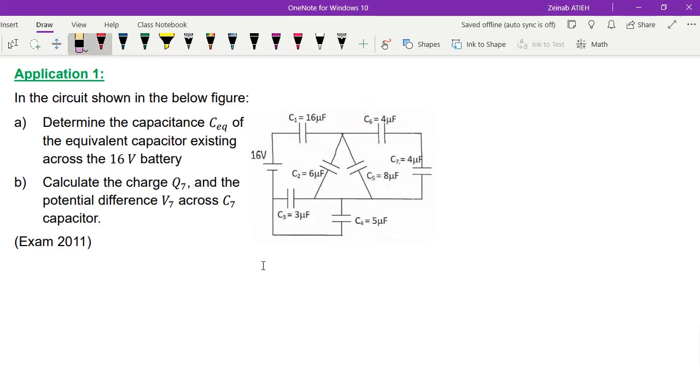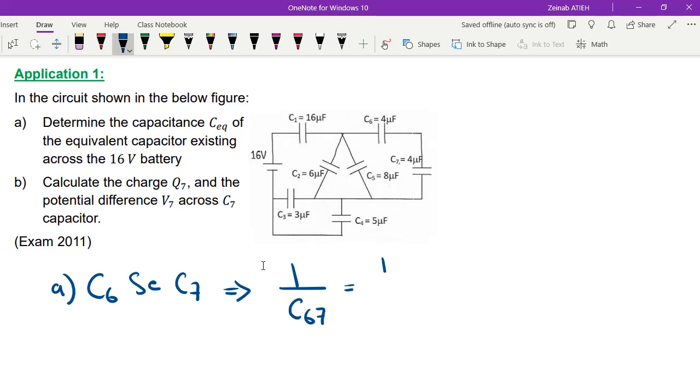I start with the things that I feel are obvious. Okay, so let's start with C6 and C7. We will say that C6 is in series with C7. This will give me C67: 1 over C67 is equal to 1 over C6 plus 1 over C7. We can also do it directly as the product over the sum.